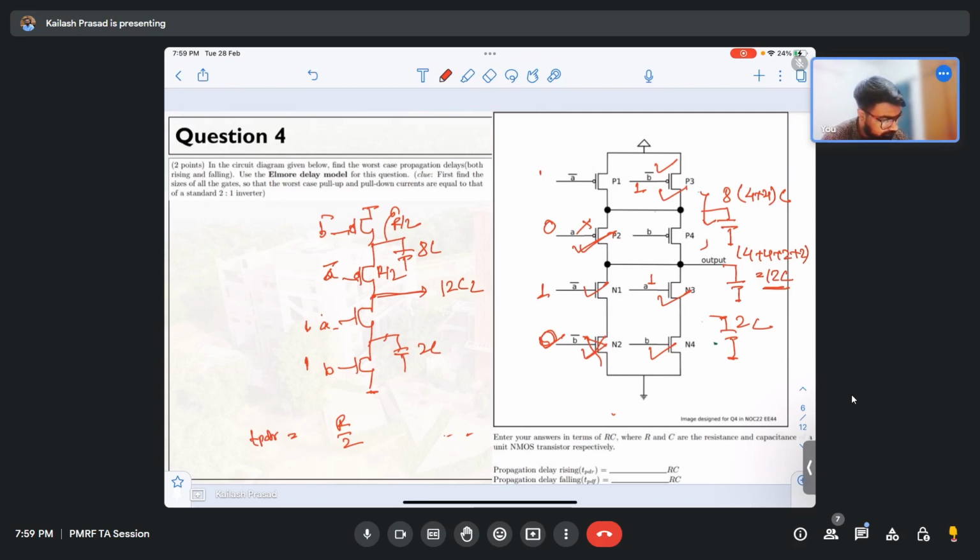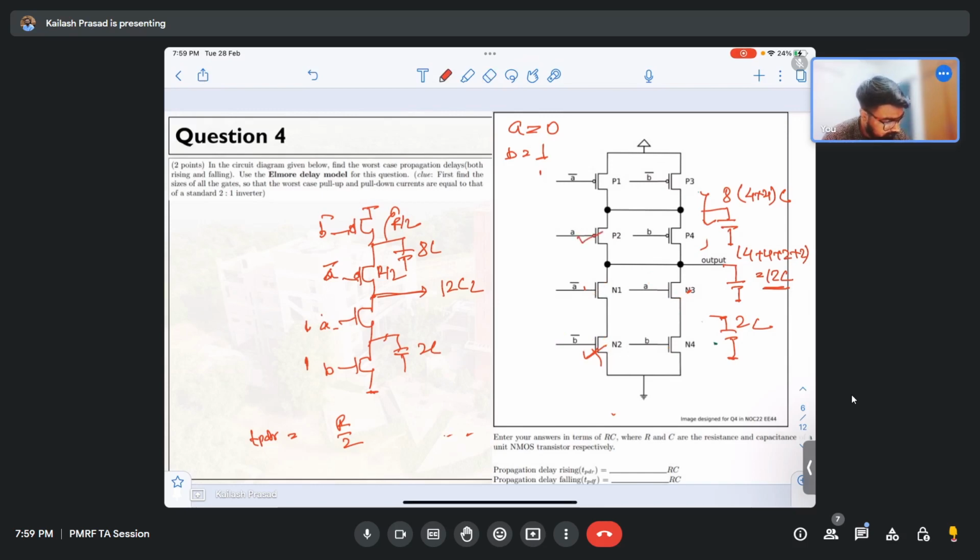So B is 1, so B bar is 0, A is 0. So the input combination is A equal to 0 and B equal to 1. Let us see on this. If A is 0, this path is on.